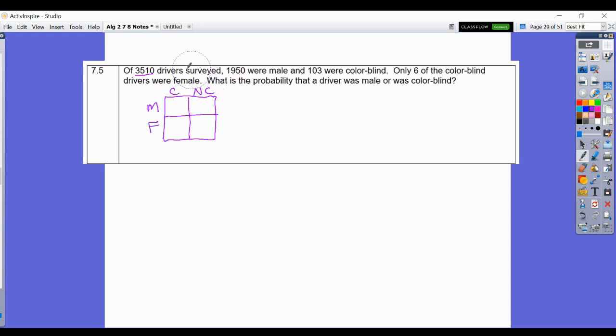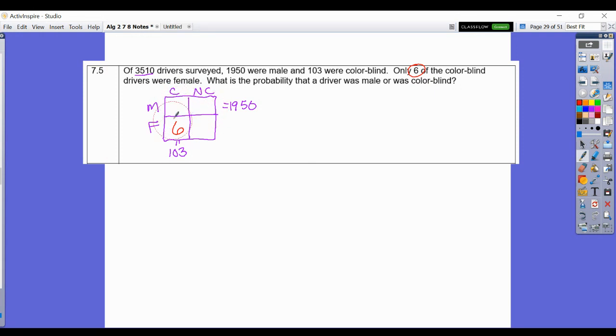So of the drivers, 1950 were male. So I know this total is 1950. 103 were colorblind total. Only 6 of the colorblind drivers were female. So right here, this 6 is colorblind females. Now I can fill in this other box, which means I could also fill in this other box.